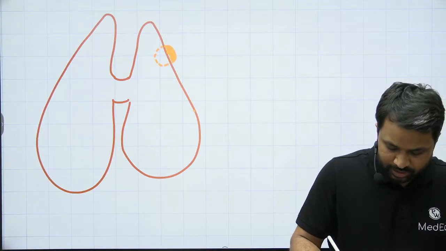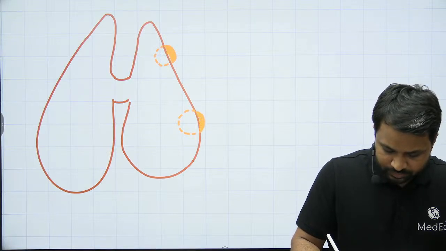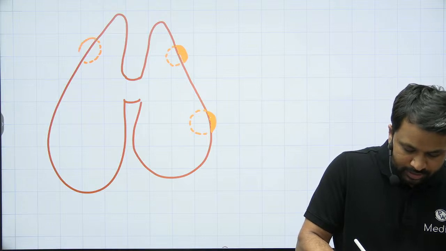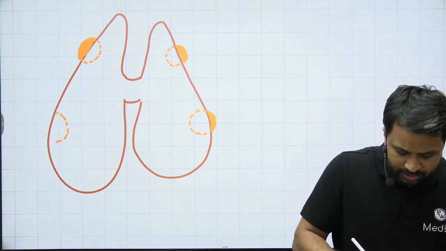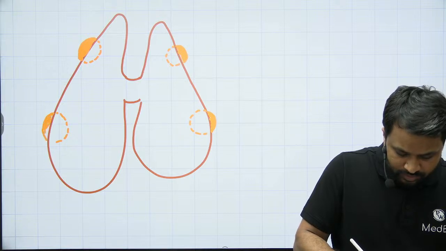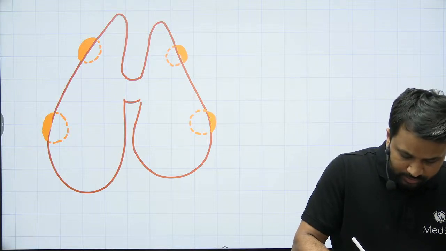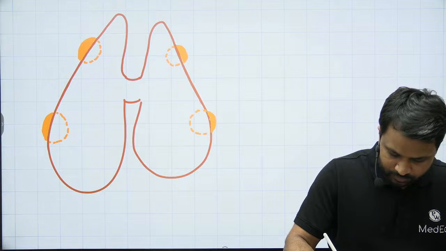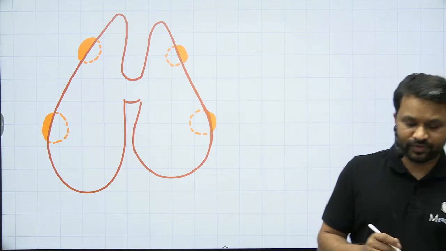Just to tell you that it is posterior in location, I'm giving you this little bit of graphical representation to understand that the parathyroid glands are usually present on the posterior surface of the thyroid gland, right?